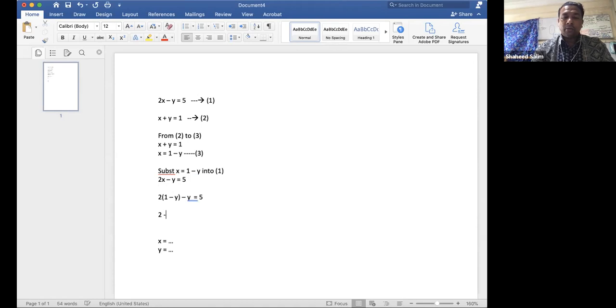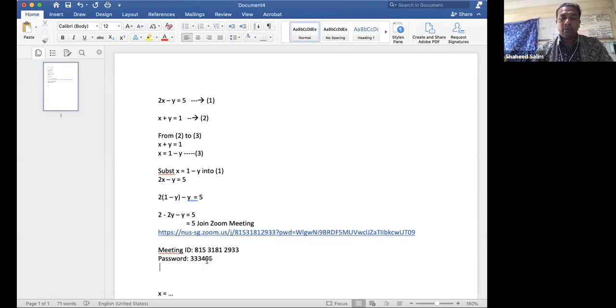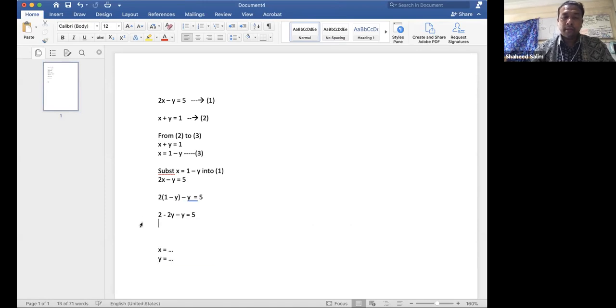I will multiply first. 2 times 1 is 2. 2 times y is 2y. Plus times minus is minus. So this is minus 2y. Then you have another minus y here, equals 5. So I bring this number over. I get 5 minus 2.